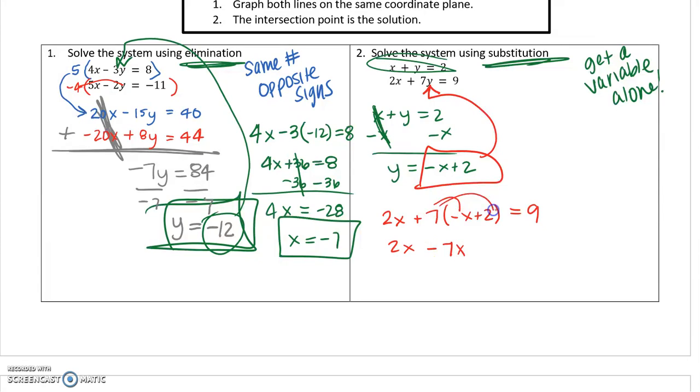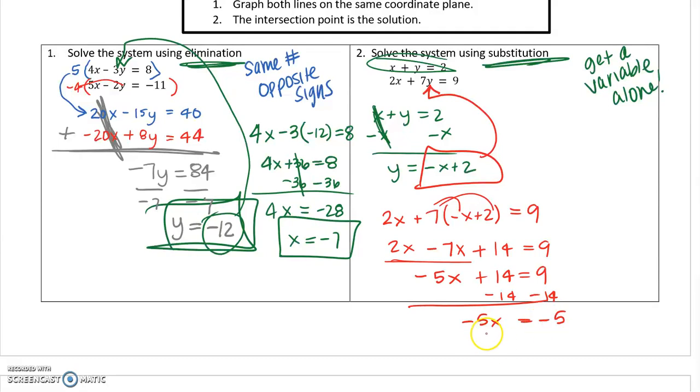I'll distribute and combine some terms. 2 minus 7 is 5. Then subtract 14 from both sides. 9 minus 14 is negative 5. Then divide both sides by negative 5. So x equals positive 1.